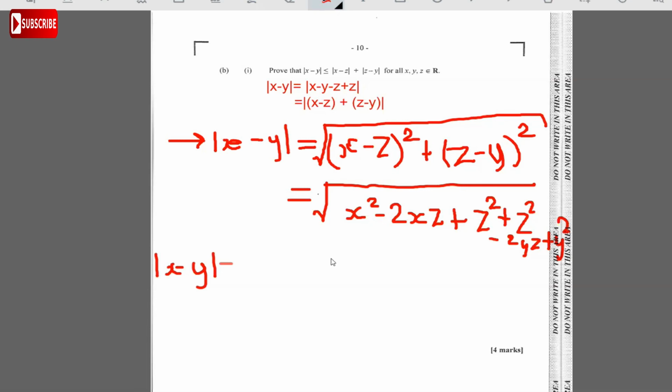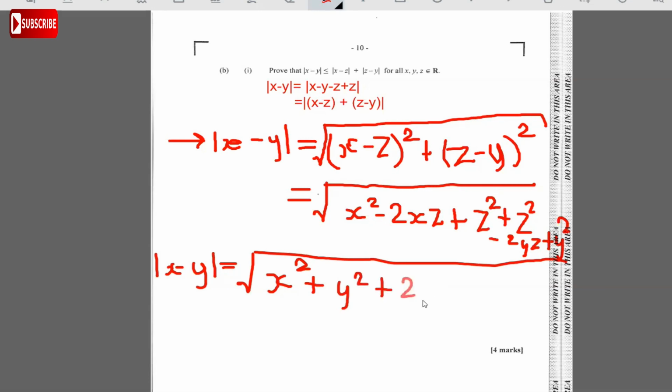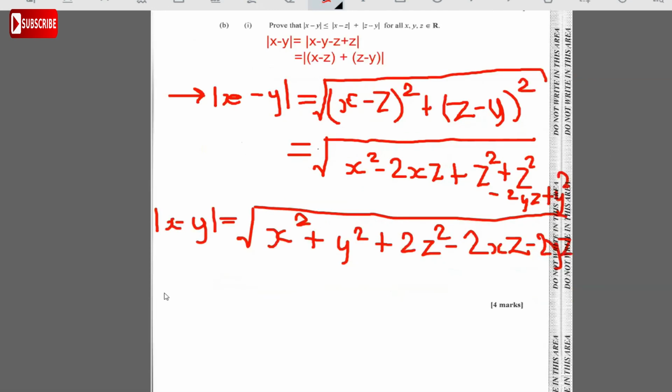The modulus of x minus y is just working out to be the square root of x squared plus y squared plus 2z squared minus 2xz minus 2yz. That's the modulus of x minus y. And clearly, this is going to be less than, look at this now.